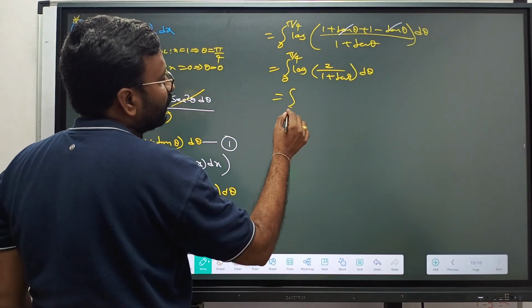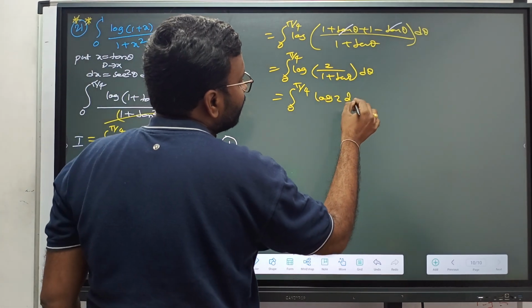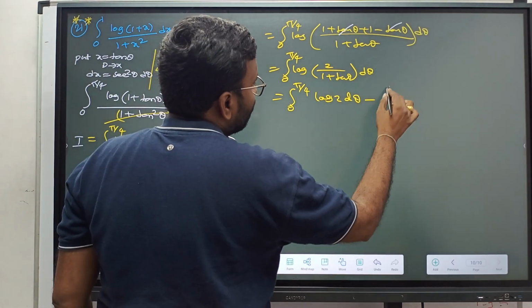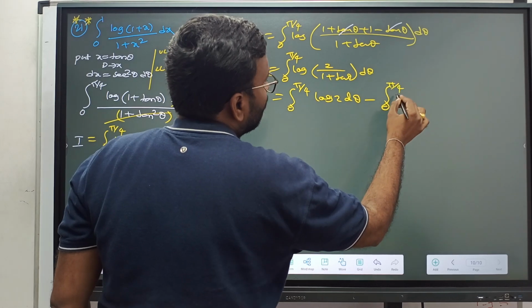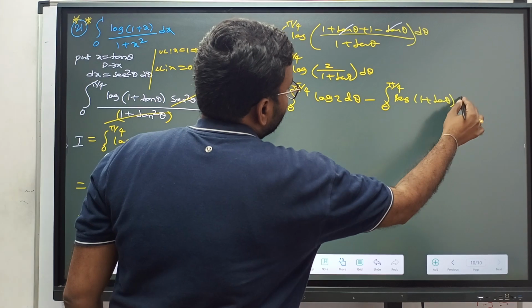Log of a by b formula, na? Integral 0 to pi by 4 log 2 d theta, I am writing directly, minus integral 0 to pi by 4 log of 1 plus tan theta d theta.